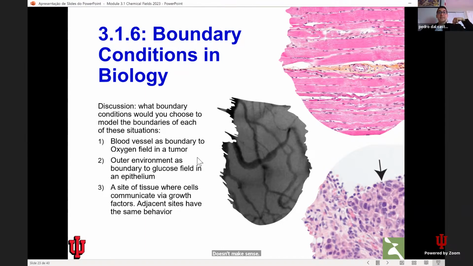How would you explain that to my mother, to your mother, to your uncle? Multiple cells. So it's a small site. There are many cells inside this site, and the site belongs to a much larger tissue.